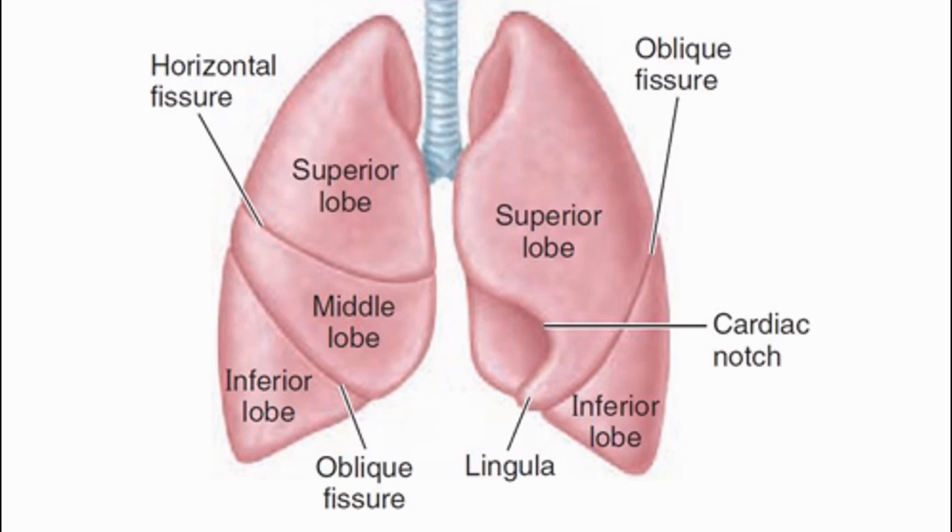It is an impression of the left ventricle of the heart, and there is at the bottom a word called lingula. This lingula is part of the upper lobe that gets anterior to the heart between the chest wall and the heart.